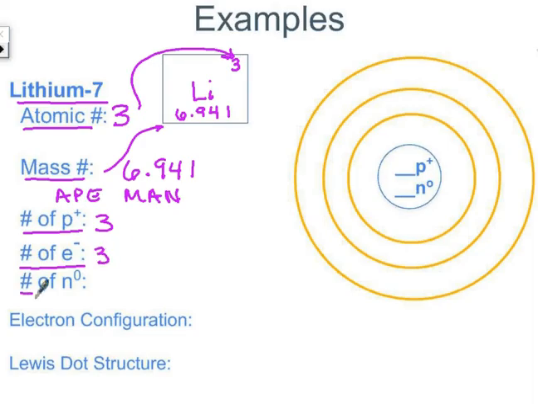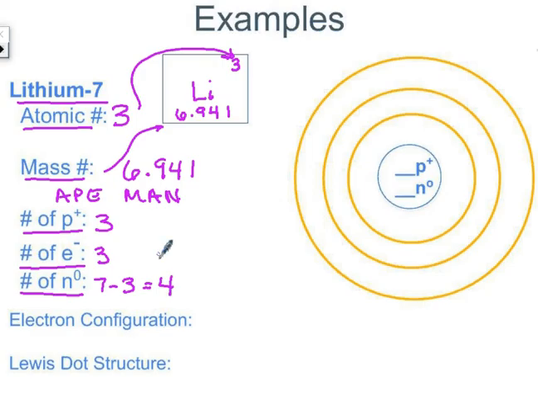Our number of neutrons, though, mass minus your atomic number. So my mass is 6.941, which I'm going to round to 7, minus my atomic number, which is 3. So that gives me a total number of neutrons, which have no charge, which are neutral, as 4.